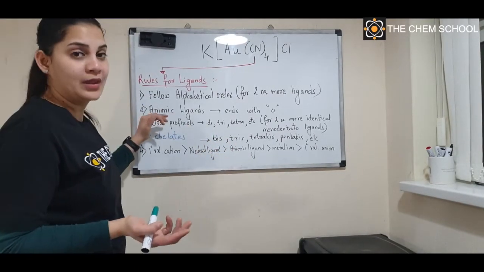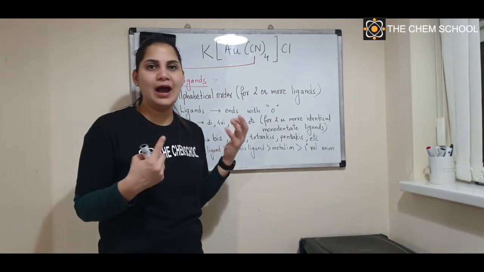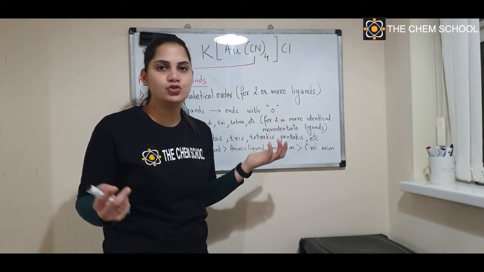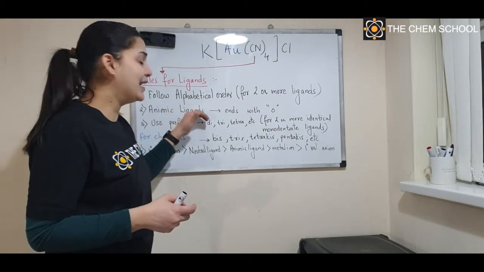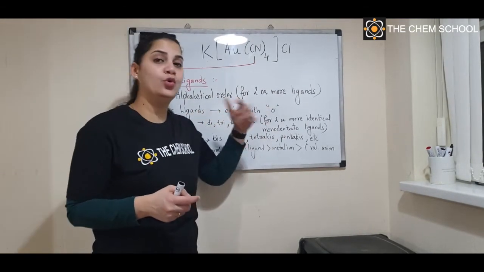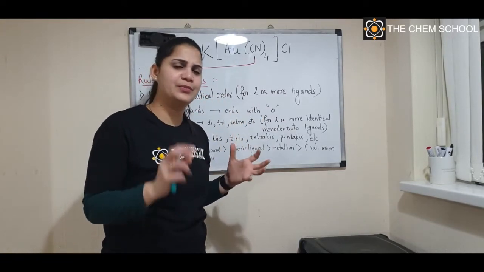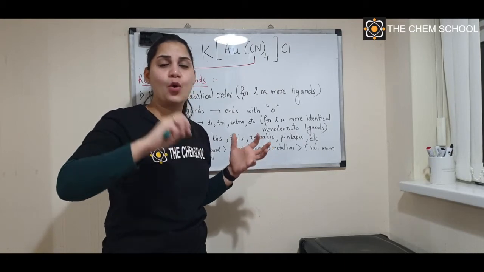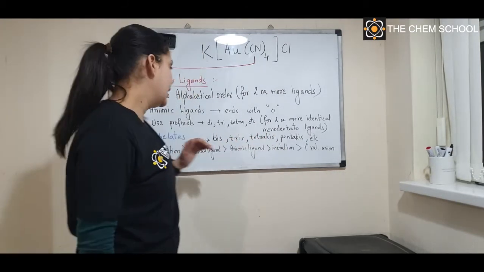The next one, if you have anionic ligands like chloro, bromo, iodo, cyano, nitro, nitrito, and so on, for anionic ligands, the name will end with o. You have seen that. Yes or no? So it is very simple. All your anionic ligands, while writing them down, should end with o.